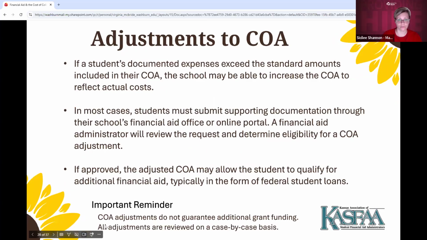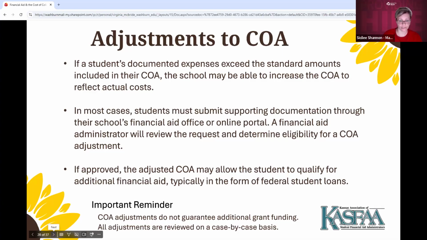If a student's documented expenses exceed the standard amounts included in their COA, the school may be able to increase the COA to reflect the actual costs. In most cases, students must submit supporting documentation through their school's financial aid office or online portal. A financial aid administrator will then review the request and determine eligibility for a COA adjustment.